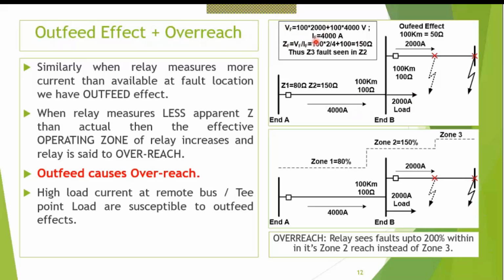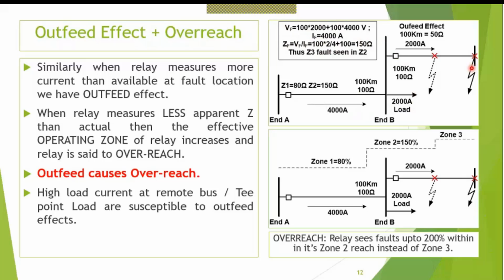So what will be ZF? ZF will be VF by IF. So ZF will be 100 into 2000 by 4000, means 2 by 4, and this 100 will remain as 100. So what this relay is seeing is a total impedance of 150 ohms.